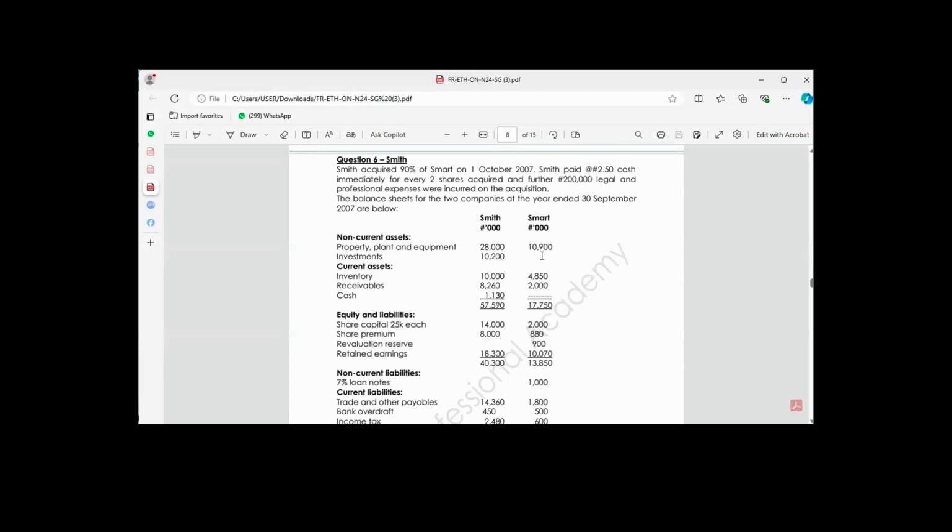Out of this Smart account, I'll just go to the share capital, which is 2,000 at a nominal value of 25 kobo. To convert it to 100% of shares, I will now get the percentage acquired by the parent. So if we go to the question now, let's share the solution.